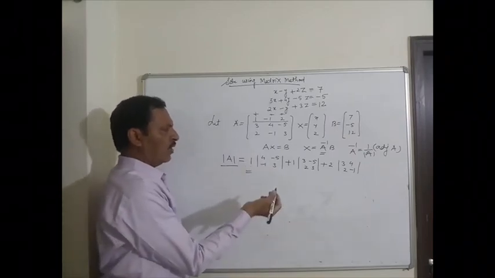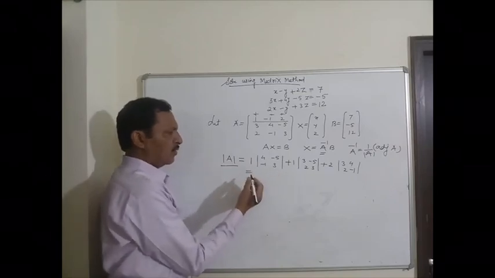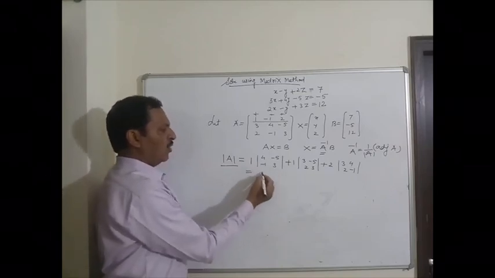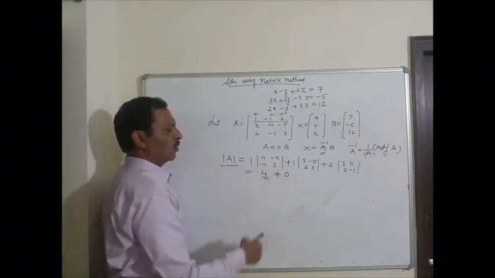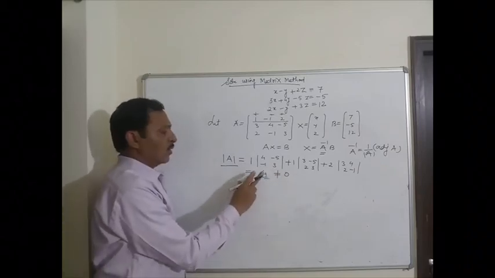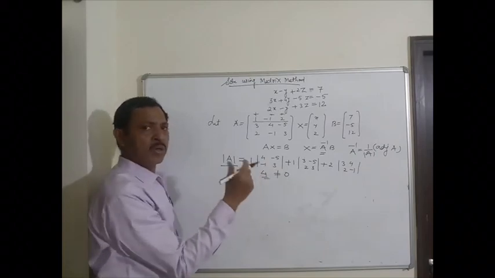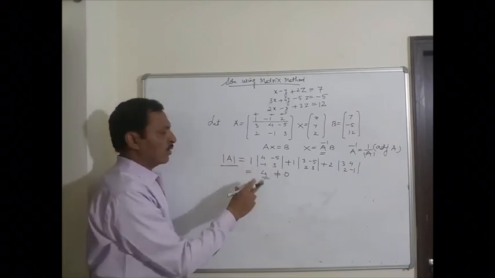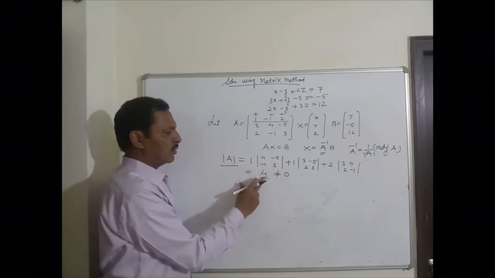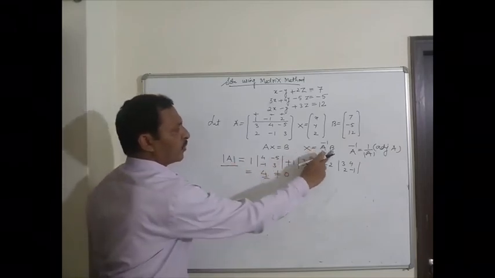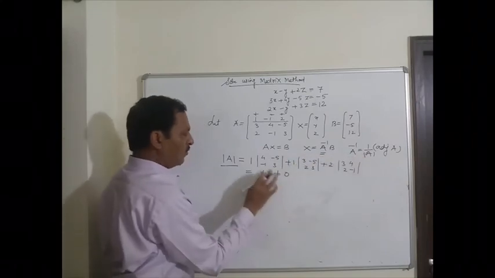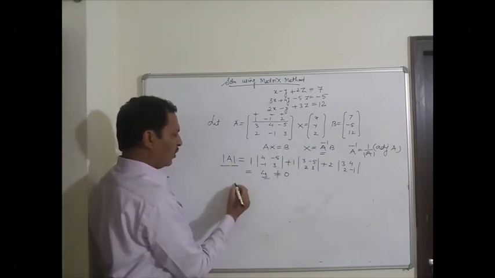If you simplify this, the answer is going to be 4, which is not equal to 0. Since it is not equal to 0, it's a non-singular matrix and the inverse is possible. Now, we have already found the value of the determinant, and since the inverse is possible, let's find the adjoint of A.